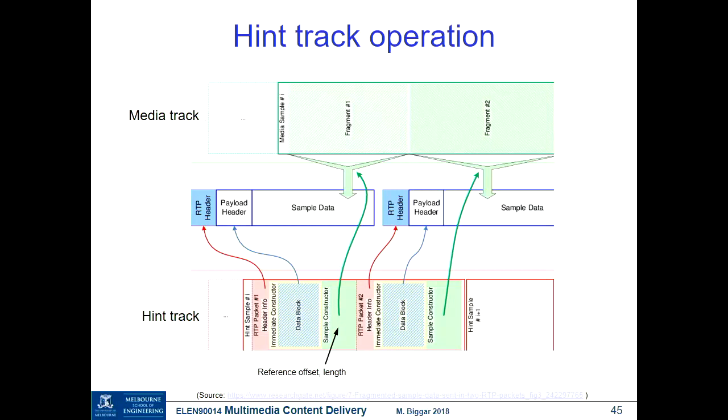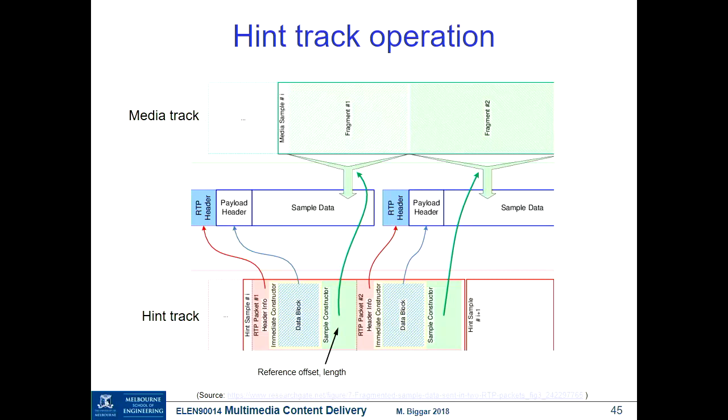So this is what the hint track will look like. As the server works its way through this track, it comes across each of these blocks, and each block says, for this RTP packet, this is the header info you require. This is the information about what goes in the header, so the payload information, and then this is giving instructions about which bytes go into the packet.